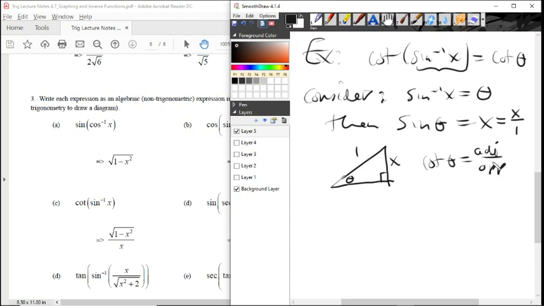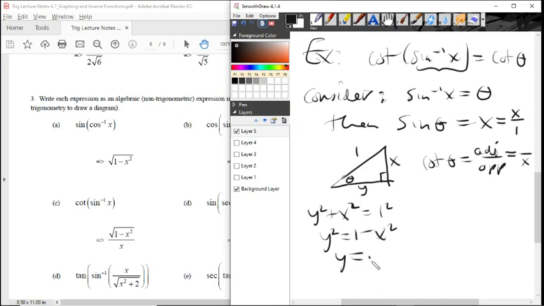Now, adjacent and opposite. Well, we already know the opposite to theta is x, so the denominator will be x. But what is the adjacent side? Let's call this y for right now and use the Pythagorean theorem. y squared plus x squared is equal to 1 squared. Solving for y, y squared is equal to 1 minus x squared.